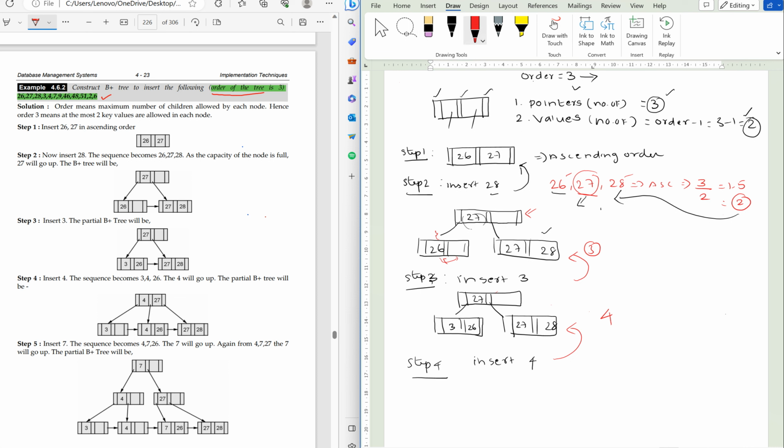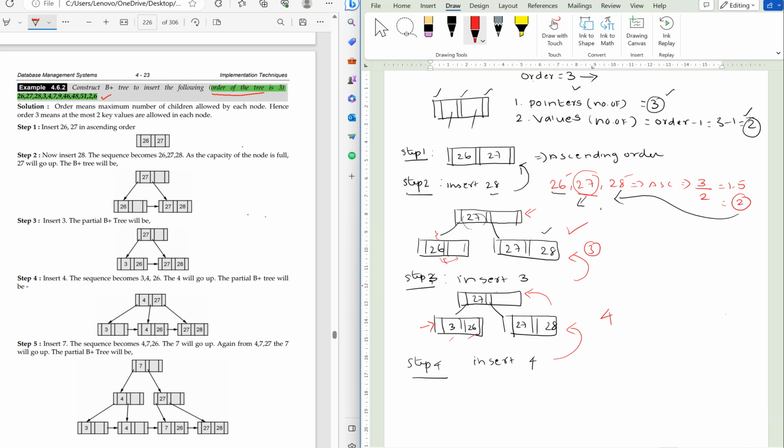The same procedure has to be followed; we compare it with the root node. Since it is lesser than the root node, it has to come here, but already 2 elements are accommodated in the node that is the left hand side node of the value 27. So here we cannot insert, as 2 elements are already there. So we again follow the same procedure we followed here.